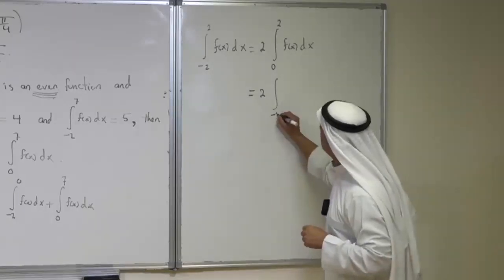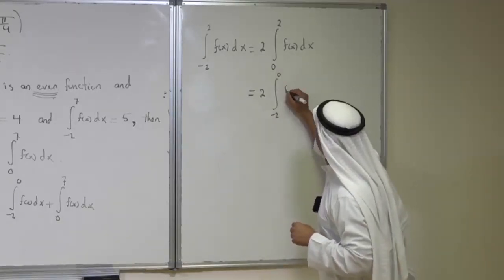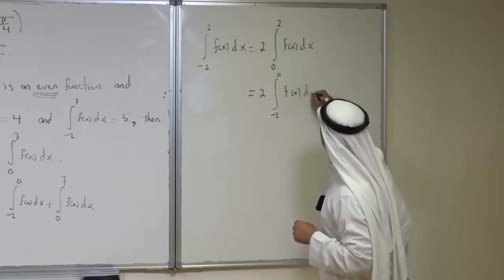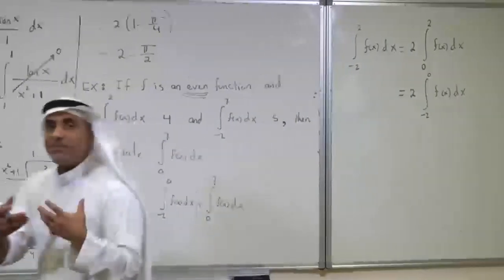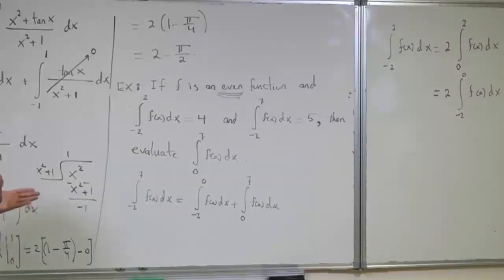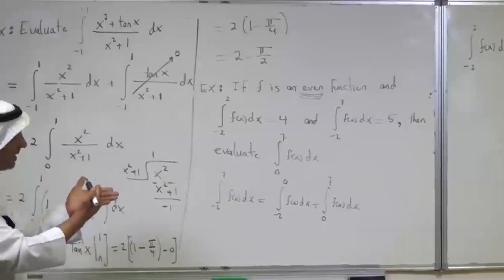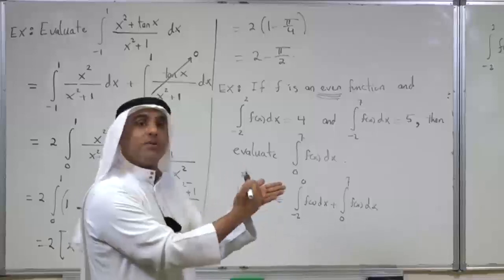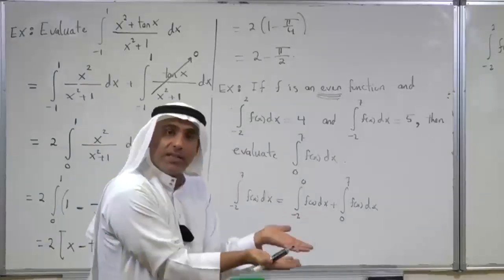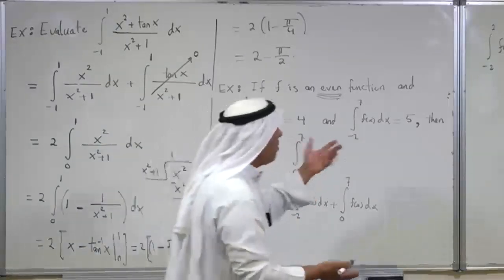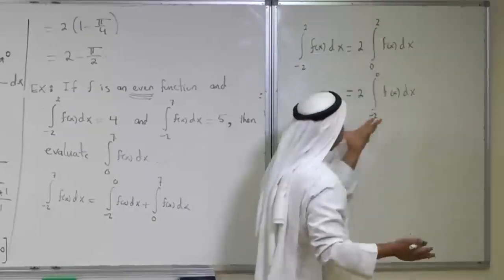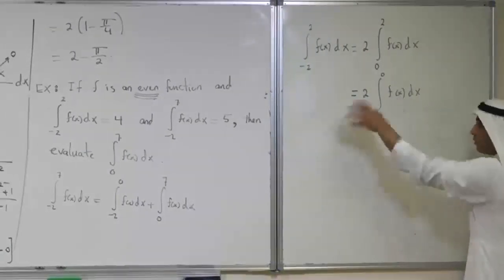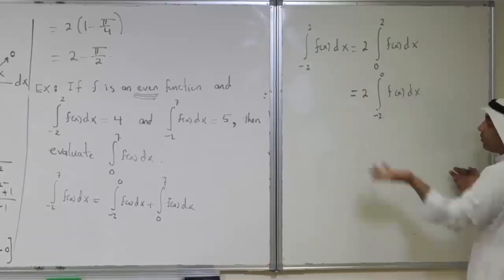The integral from -2 to 0 of f of x dx. Why? Because you can see now we have symmetry. So the integral from -a to 0 is the same as the integral from 0 to a. This is what we proved if it is an even function. So -2 to 0 is the same as 0 to 2. You can see this easily by letting, as we did before in the proof, u equal to -x.